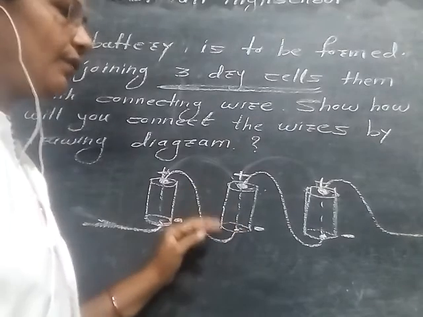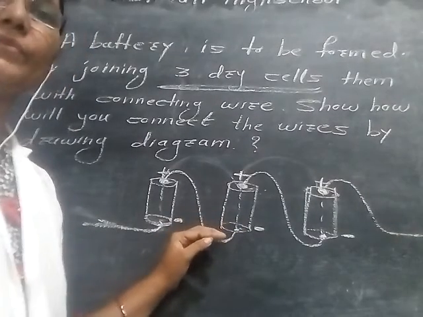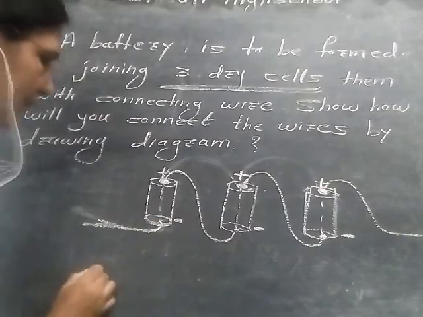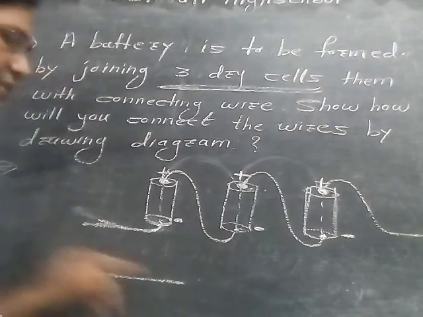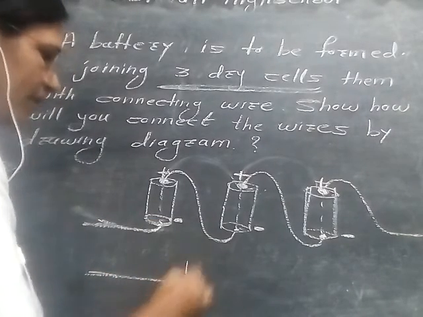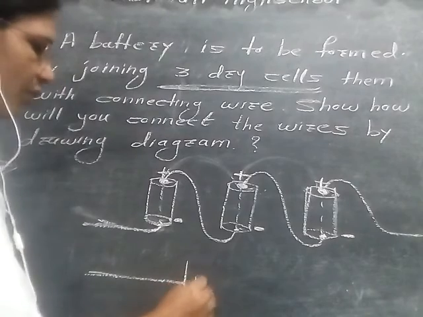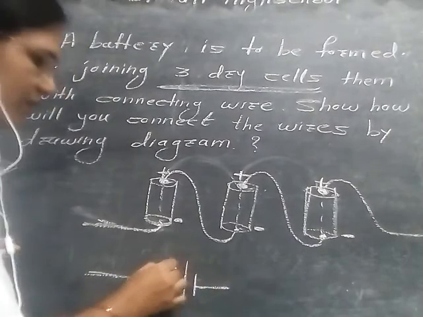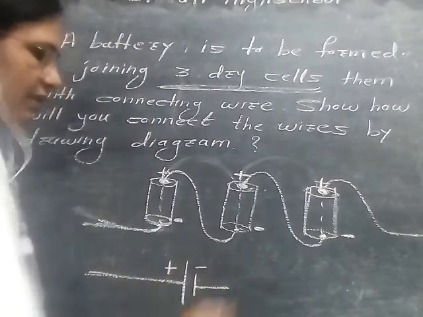If we want to draw a circuit diagram, we can draw it in this manner: the positive terminal is the long vertical line, and the short vertical line is the negative terminal.